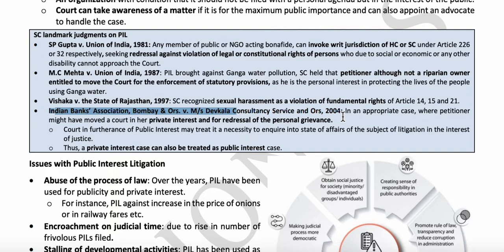So if any industry people are destroying hundreds or many trees, you can file a PIL against them, as those acts cause environmental pollution. Okay, now look here.